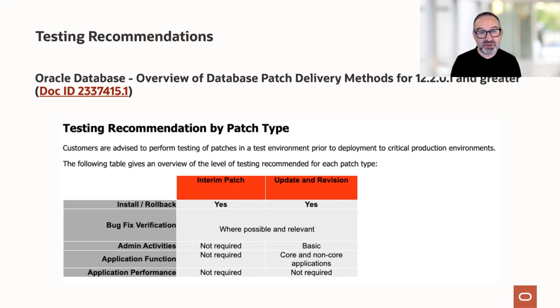For an update or a revision, you, of course, install and you try a rollback. You can do this on a standby. All of them are standby-first applicable. You do some basic admin stuff. Does the database start up? Does it shut down? And you run a little bit of core and non-core application tests, which is not precisely named in this note, what core and non-core application tests exactly mean.